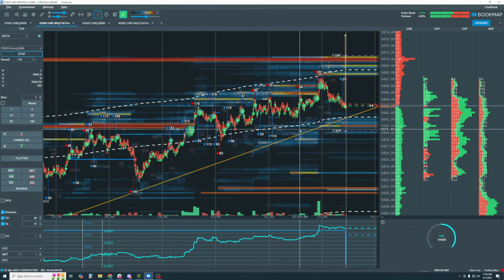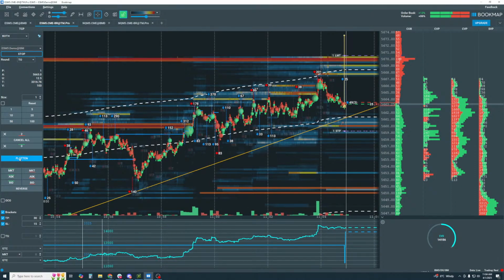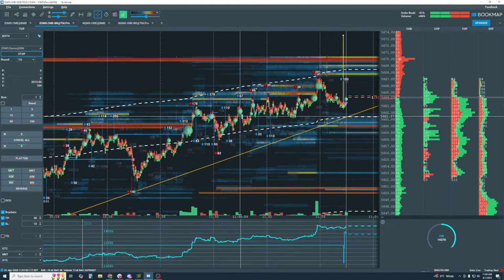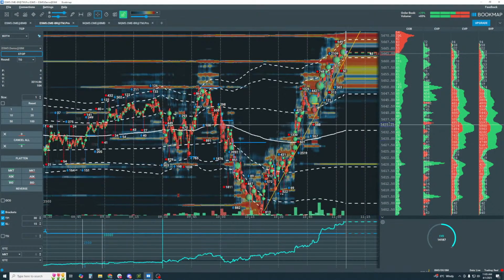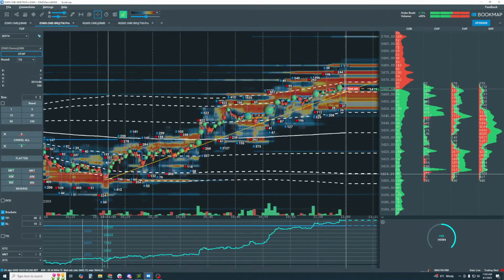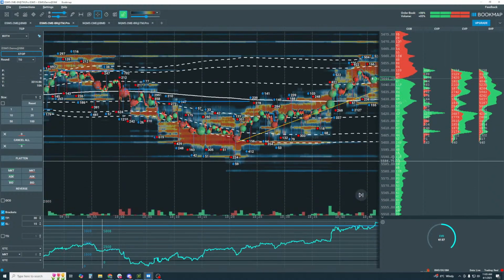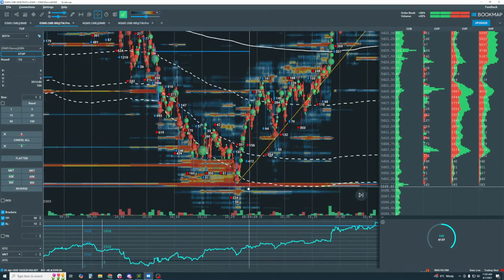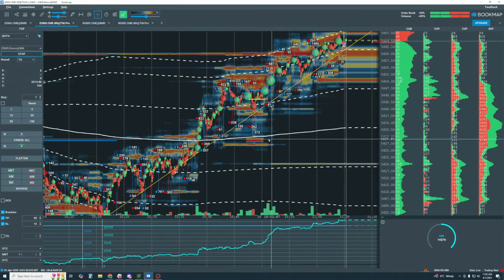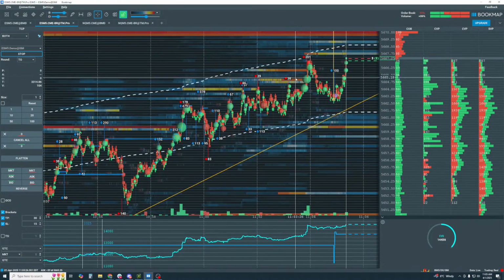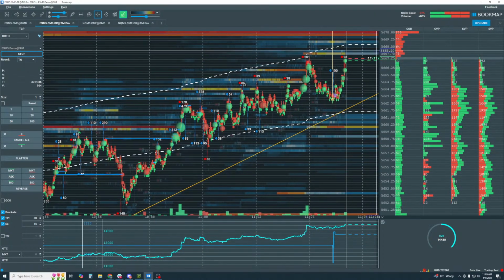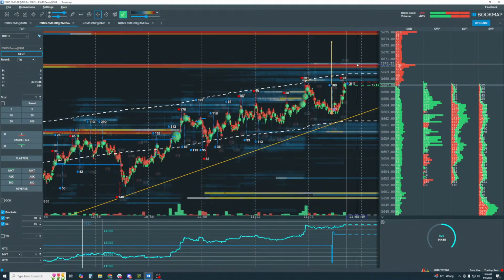Okay, sorry about that. It looks like I got filled in a position there. So let's zoom back out and take a look at this. Yeah, we never even tested 5,600. This is pretty atypical. But anyway, buyers, they just want it.